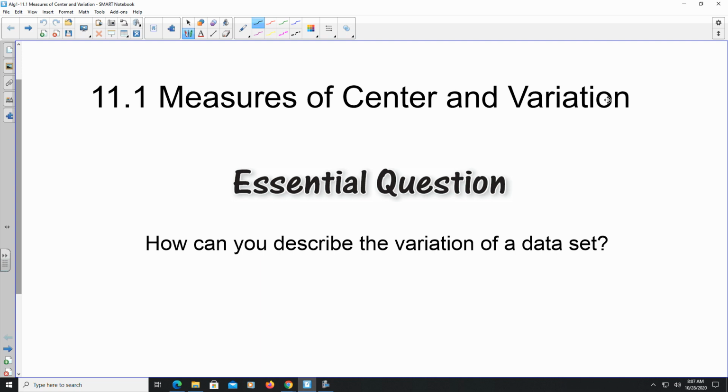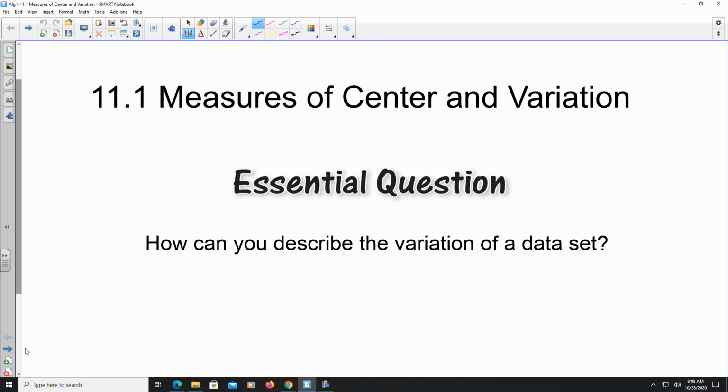In chapter 11, we are going to be introduced into the world of probability and statistics, looking at different data sets and how we can describe what the data set is telling us, what we're supposed to find in these particular data sets, and there are some things in each of these lessons that we're going to be looking for.